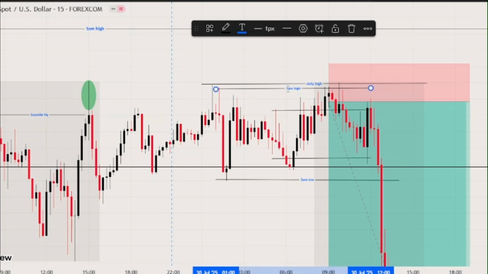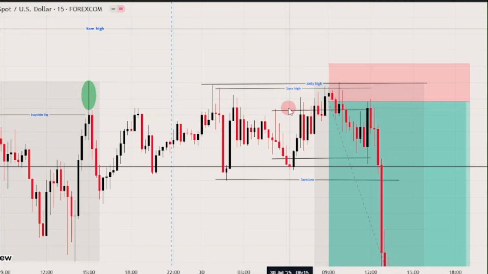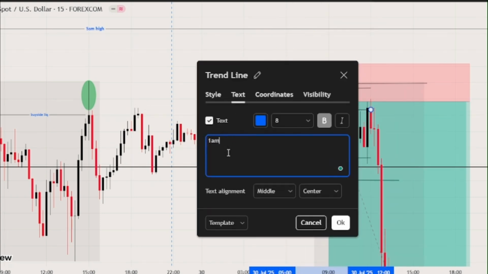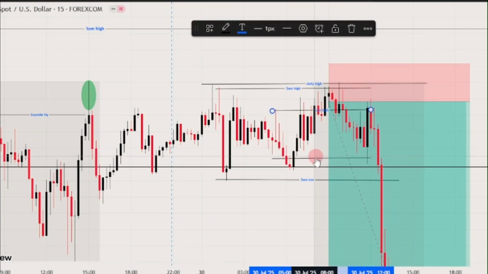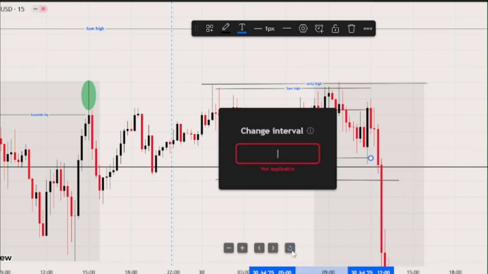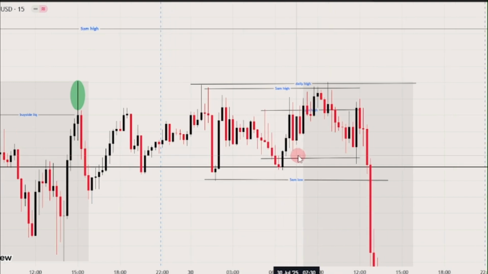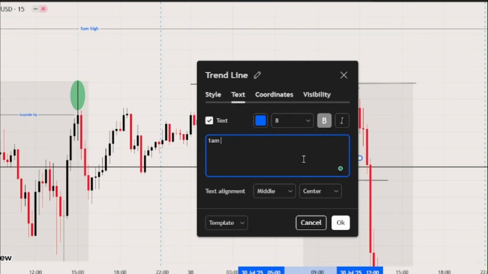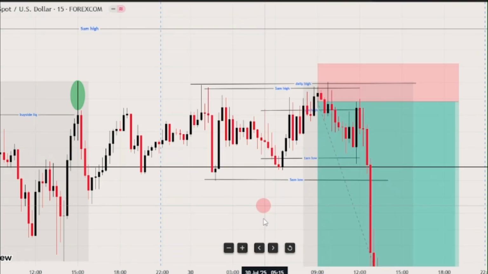This is the 1 a.m. high and low. And this is the 1 a.m. low. Alright, so we had everything we needed marked out on the chart.